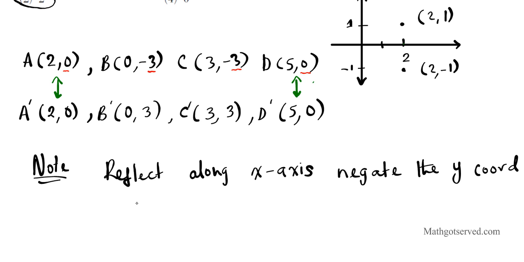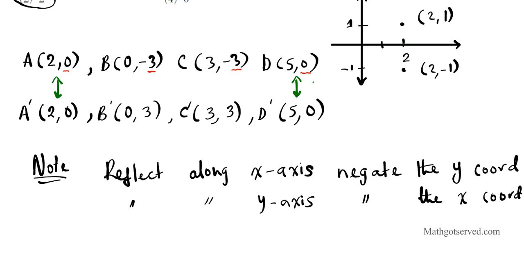And if you want to reflect along the y-axis, what do you think you do here? You just basically negate the x coordinates. In this case we're reflecting along the x-axis, so we negated the y's, and whenever y is 0, that basically meant that the point, or the vertex, was going to be invariant. All right, so there we have it.